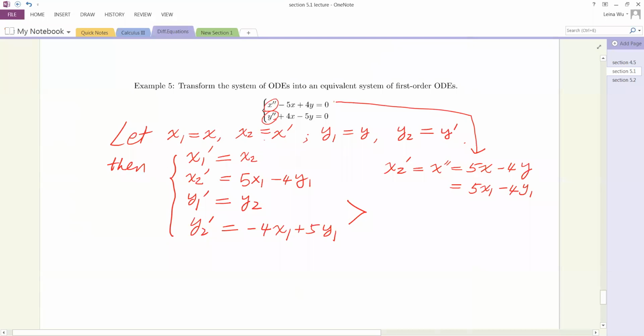Y1 prime will just be Y sub 2. Y2 prime is Y double prime, right? So based on the equation number 2, that will give us negative 4x plus 5y, which is negative 4x1 plus 5y1. Good so far?